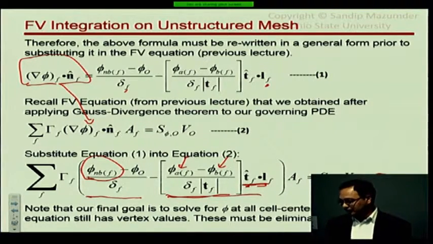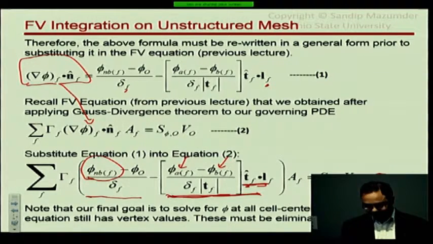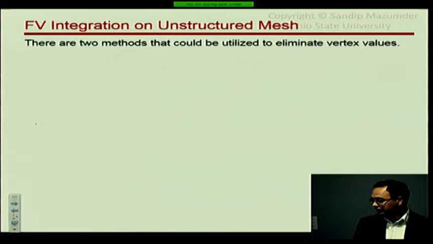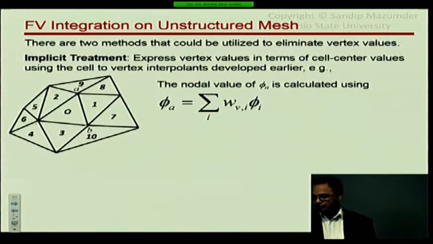There are two ways of treating this tangential term. One is what's called the implicit method. In the implicit method, for example, you would write phi a, the value of phi here, in terms of cell center values of phi using your interpolation functions.